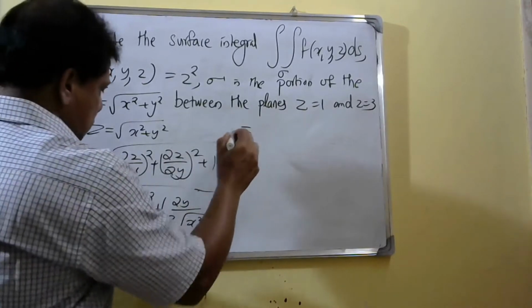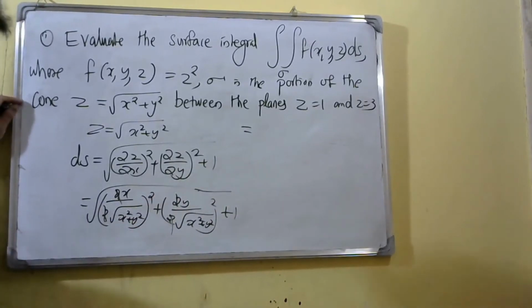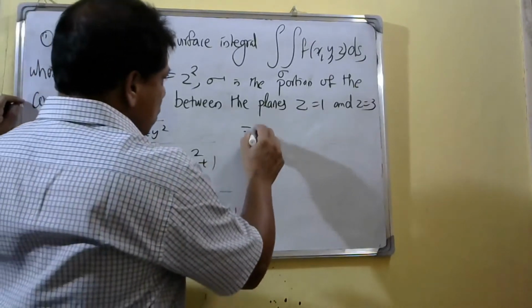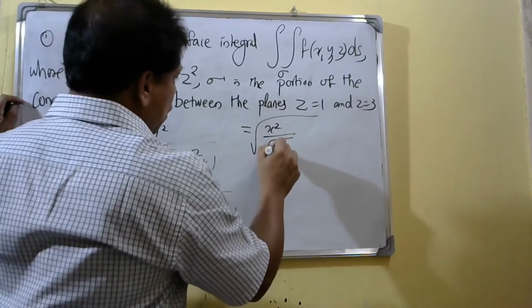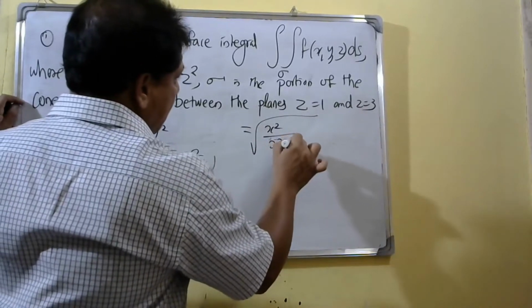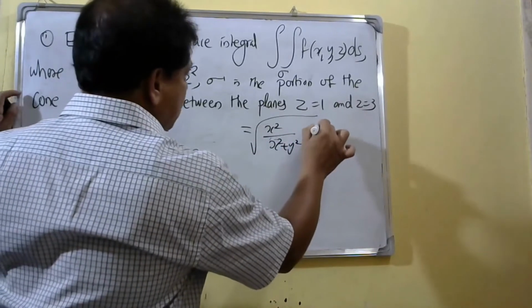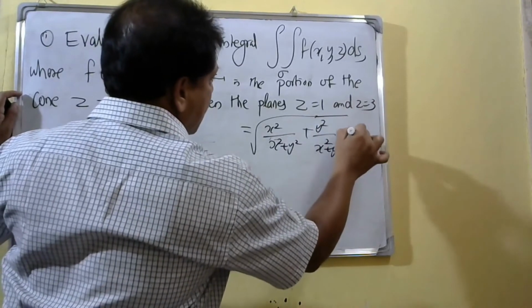The 2 cancels, this 2 cancels. Therefore, root of x square plus y square by x square plus y square plus y square by x square plus y square, then plus 1.